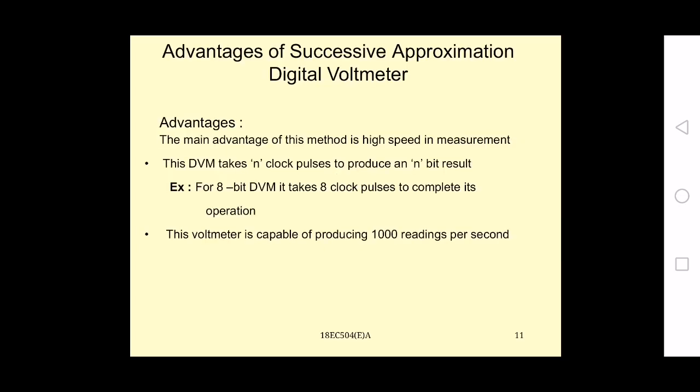So the main advantage of this SAR type DVM is that this method is very high speed measurement. It takes n clock cycles to produce n bit results. That is, if you have a 4 bit DVM, it takes 4 clock pulses to complete the operation.